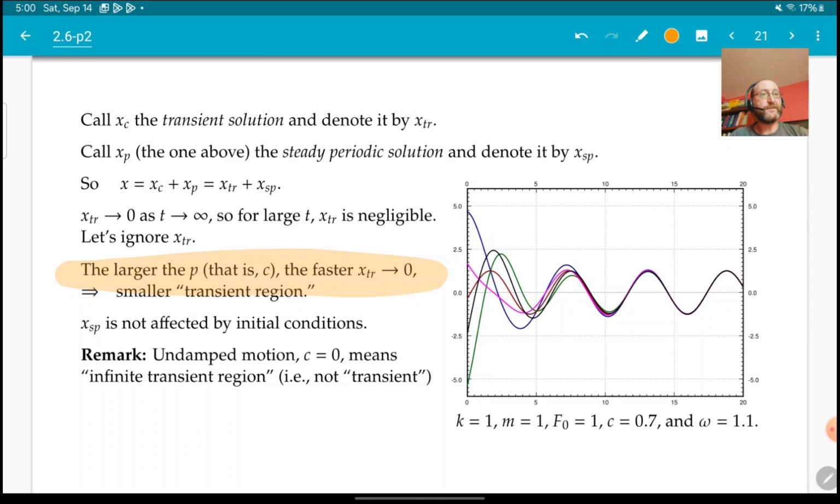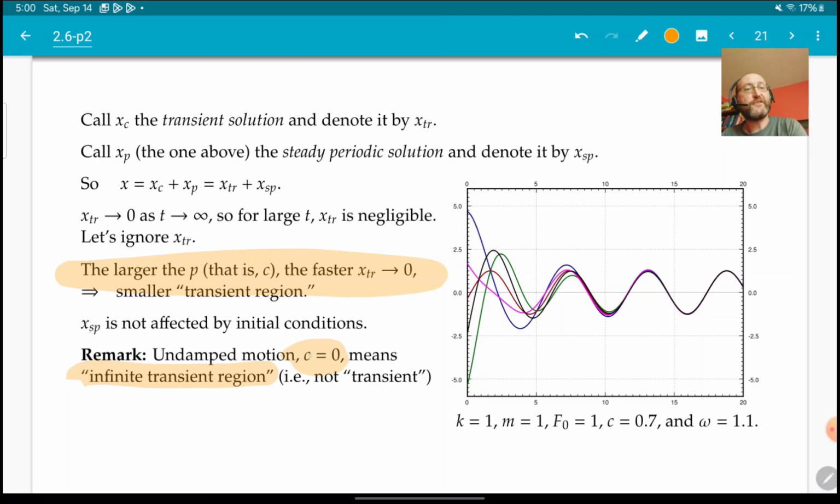If C is getting smaller, then the transient region is getting bigger, because that p is also going to 0. So the transient solution is going away slower and slower. Once you get to 0, it never goes away. I could say that there's an infinite transient region. It's not transient. The initial conditions, you can see them forever.